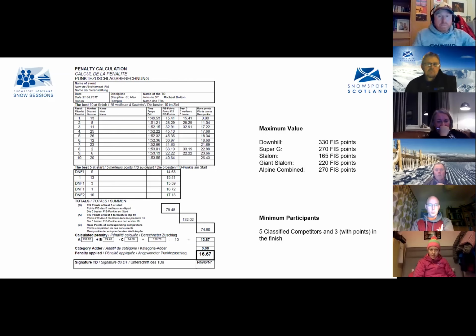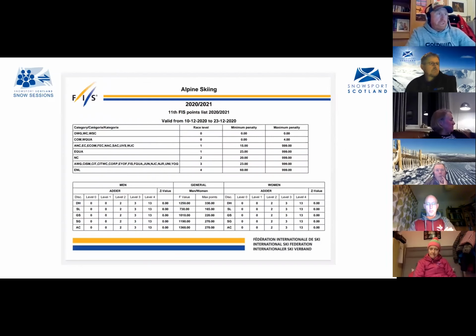BART is the same, with one exception, that there are different race levels in BARTs. So in artificial slopes, there are different race levels. You see the different race levels, top center column, second column in, and then minimum penalties linked to them.